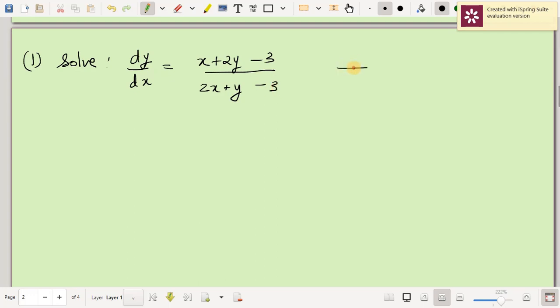Let me call this equation 1, as I'll be referring to it further on.